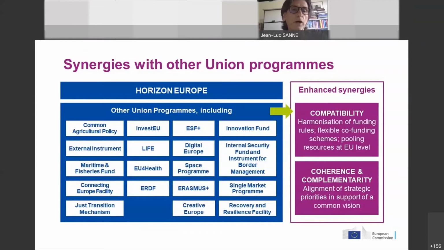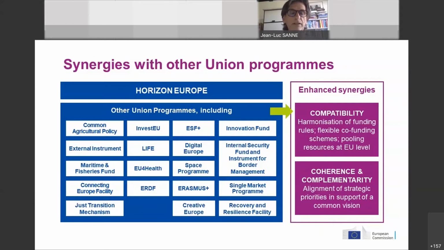I will not go further in the presentation of the framework program, but basically you have understood the structure with the 3 pillars, different types of activities, and also cross-fertilization across the program. What we also want to achieve is synergies with other parts of other programs of the Union.